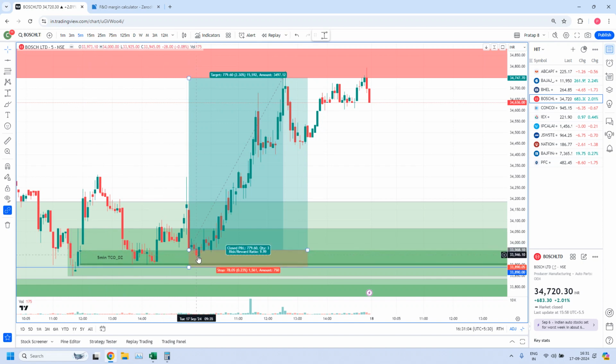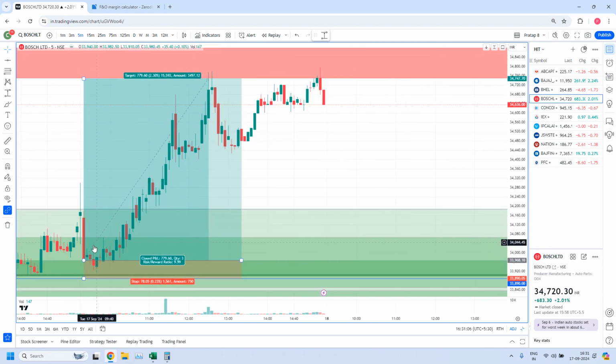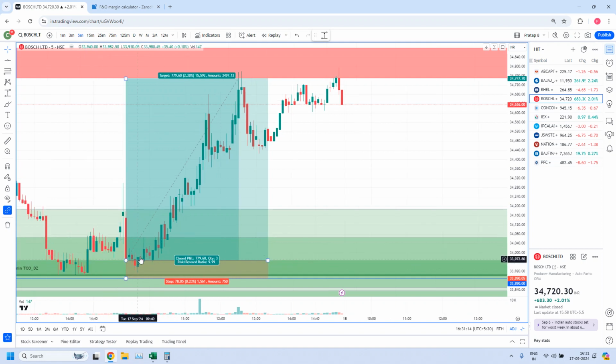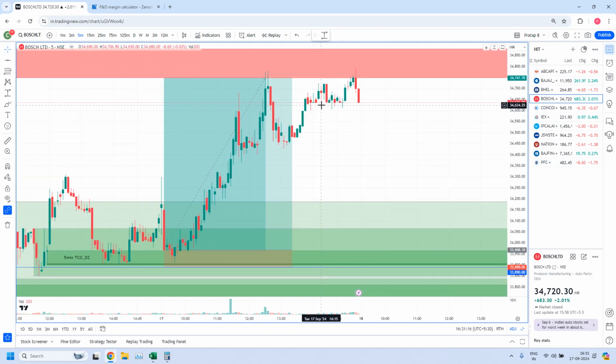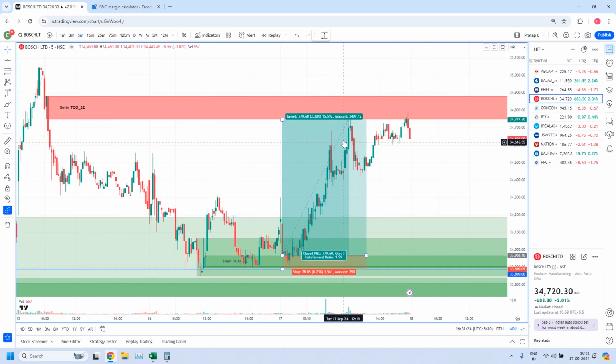I would have taken my trade at 9 o'clock 20 minutes, 5 minutes candle till 9 o'clock 40. Prices were within this zone only. After that, prices started moving up. Still we would have got 9.99. That means 10% ROI we would have achieved. 1:10 RR, not 10% ROI. Sorry for my mistake. 1:10 RR we would have achieved.